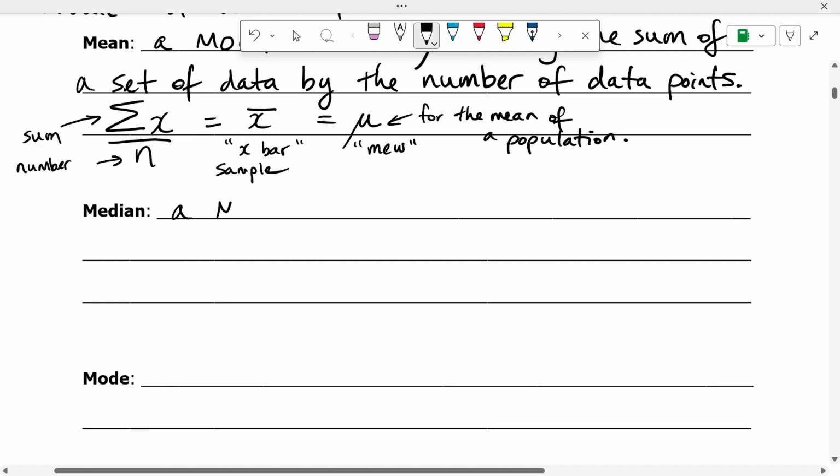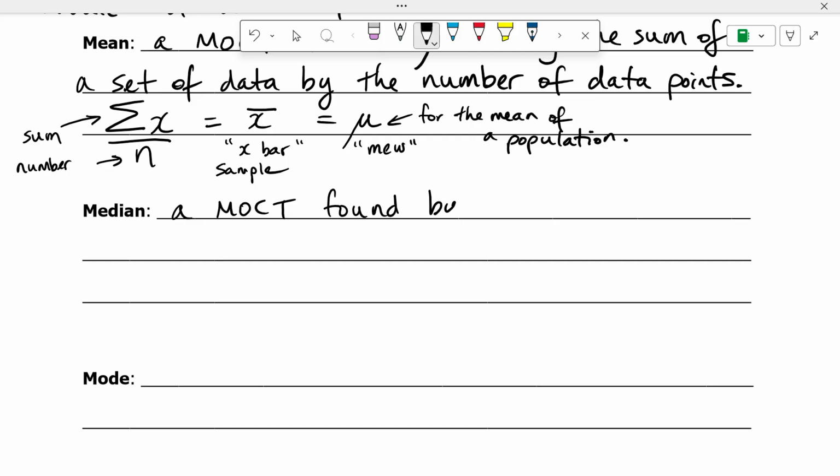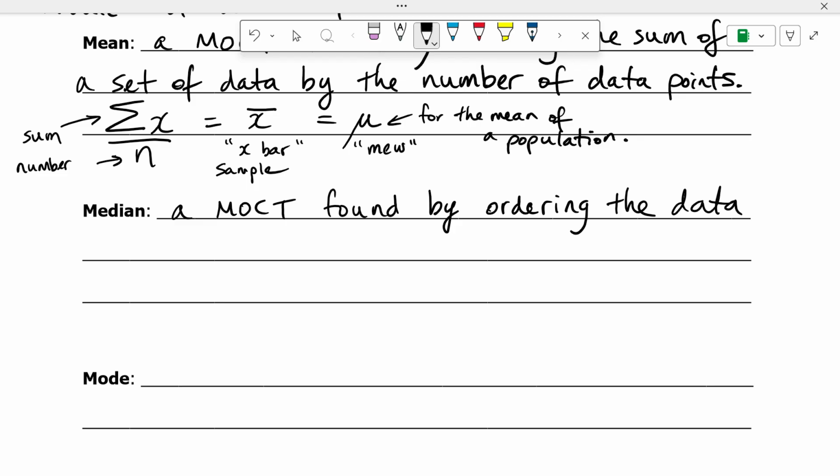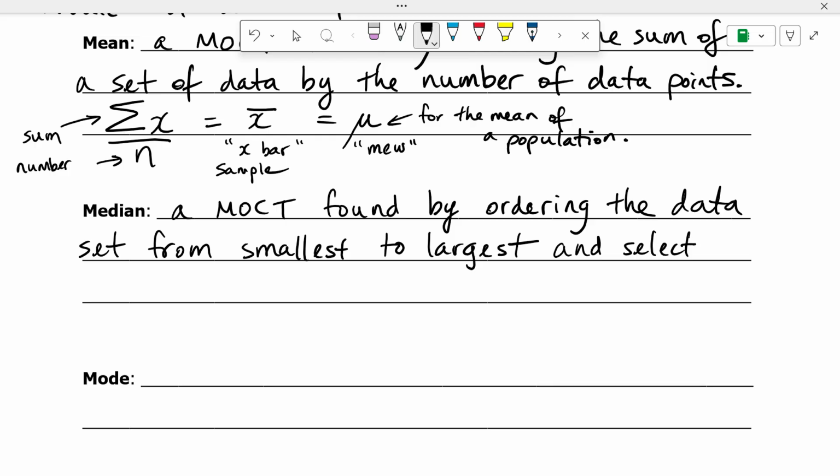A median is a measure of central tendency found by ordering the data set from smallest to largest and selecting the middle value.